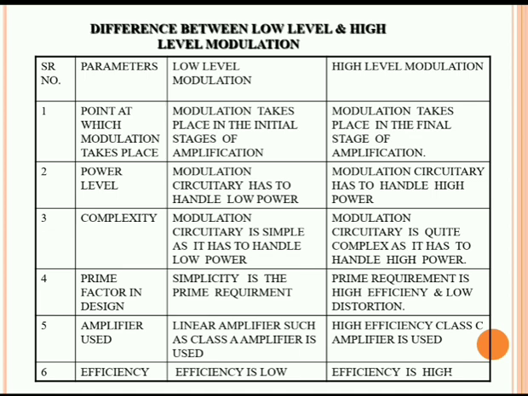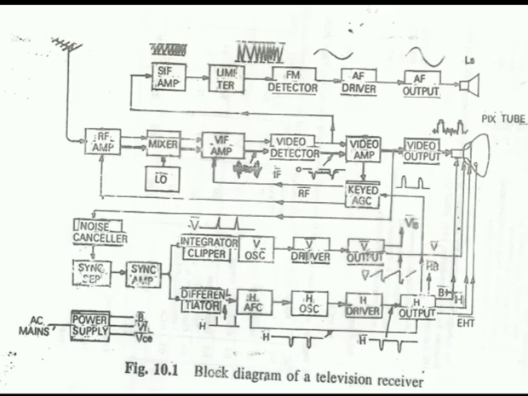Getting the difference between the two, now we will see the next point, that is nothing but the typical television receiver. This is a block diagram of a television receiver. Till now we have seen the transmitter, and now we will go in detail with the television receiver. Whatever process occurs in the television receiver, it occurs for two signals, one for the video signal and one for the audio signal.